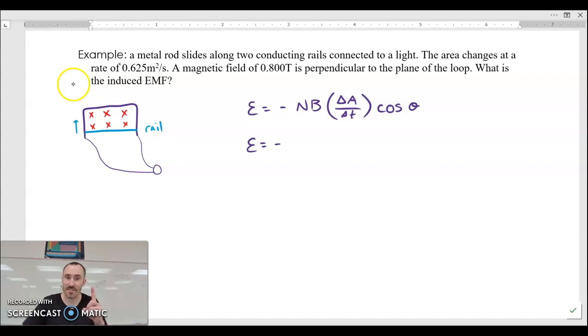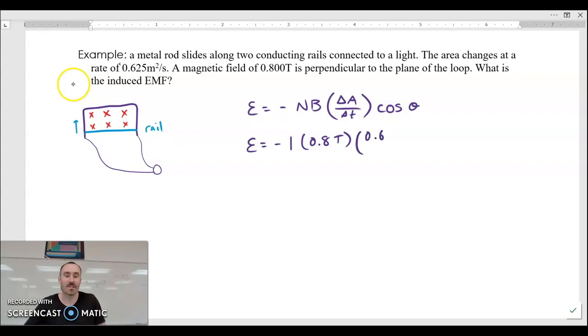Just one, right? It doesn't say that there's a set of loops of wire that are all changing size. So it's really just one loop that's changing. And then it tells us our field strength is 0.8 teslas. And then it tells us that the area is changing at 0.625 square meters per second.